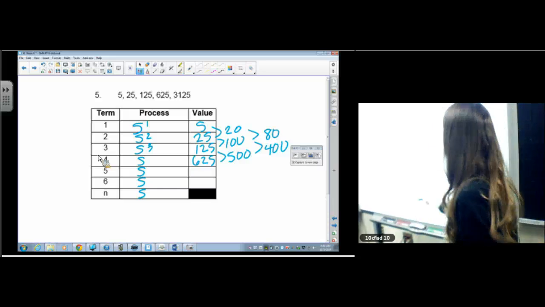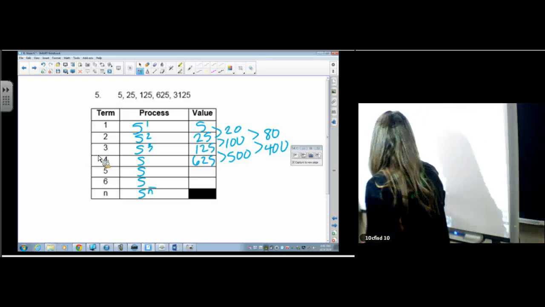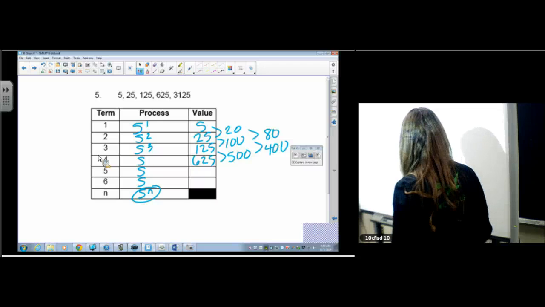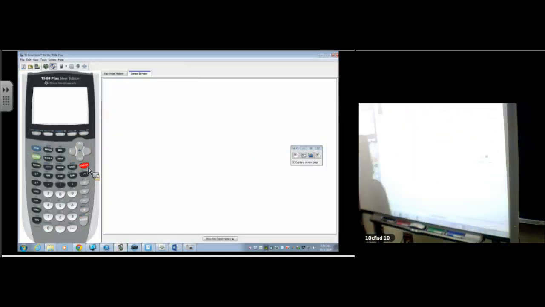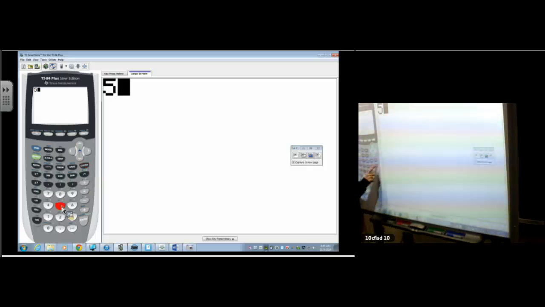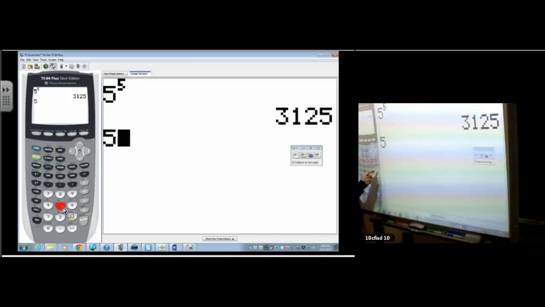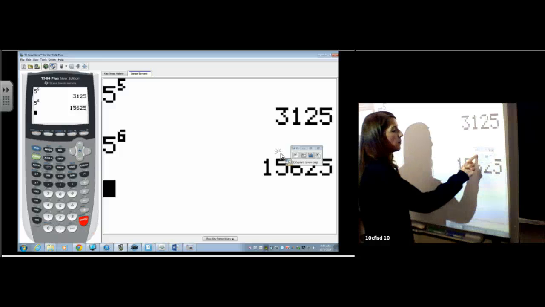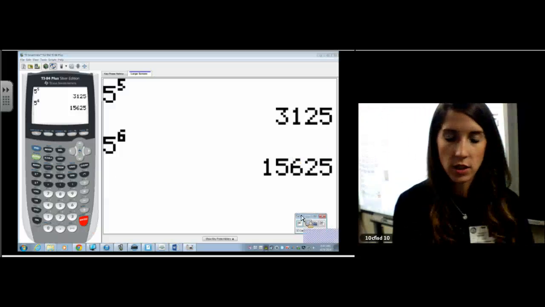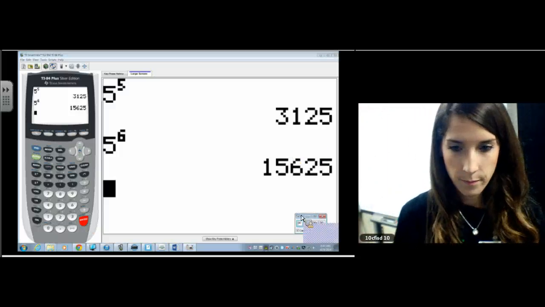So now all I have to do, 5 to the n is my answer. And now I just need to find out what 5 to the 6 and 5 to the 5 are. So you do 5, and you do the caret button, and then you do to the 5, and then 5 to the 6. And so that would be your 5th term and your 6th term, okay?